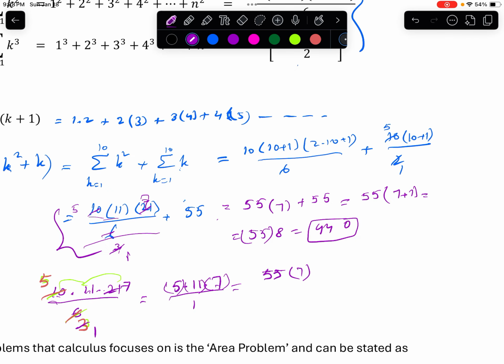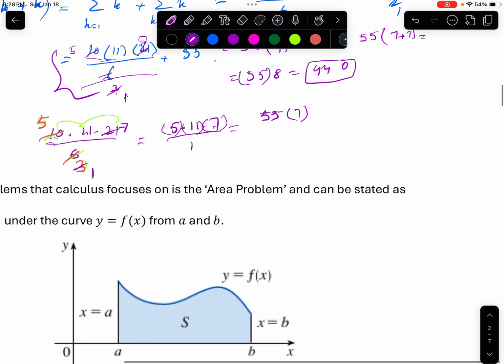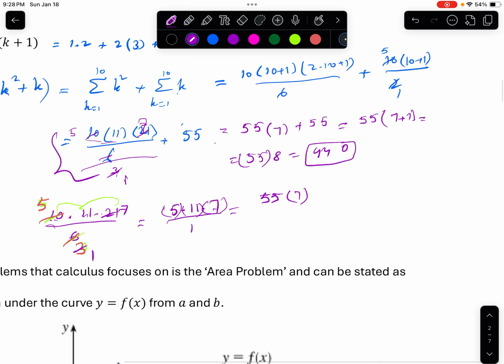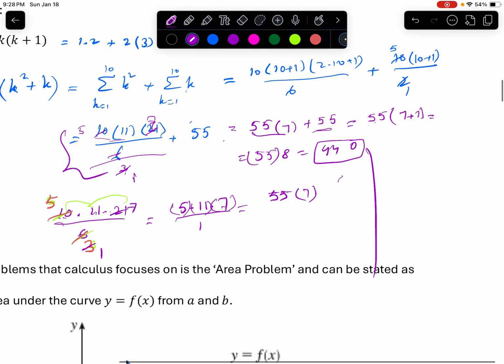Okay, so now we had to add the 55 from the other term here. So we ended up getting 55 into 7 plus 55. So what I did here is I pulled out the 55. So I'm left with 7 here, and I'm left with 1 from this second term. So I get 7 plus 1, which is 8.